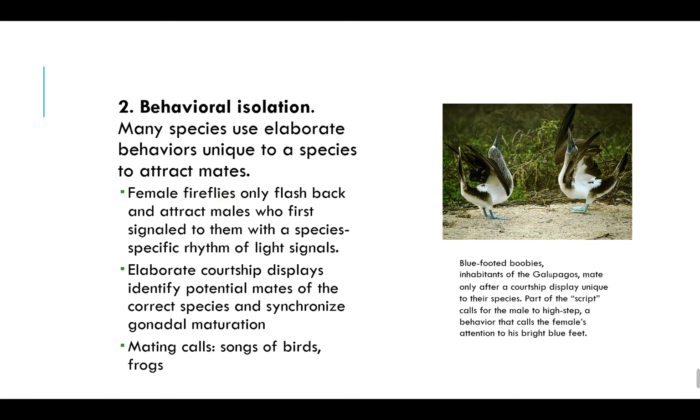So other species cannot understand the signal of a different species, so they never attract different species, and they can maintain their own species. Also, the courtship behavior of many birds is different, and the mating calls, the songs of birds or frogs, are different. So each species has its own language to attract the same species.